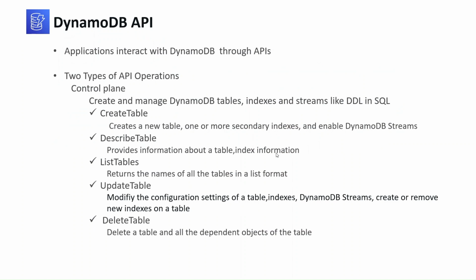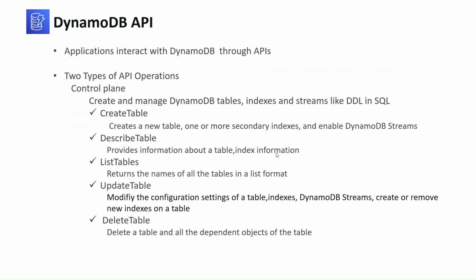The create table API is used to create a new table, one or more secondary indexes, and enable DynamoDB streams. The describe table API provides information about a table and the index information of the corresponding table.